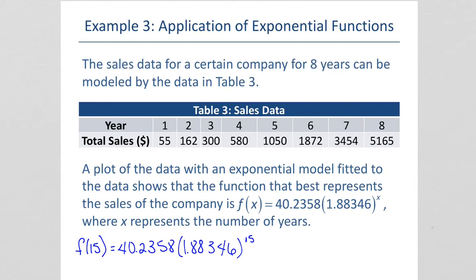So you have to raise the 1.88346 to the 15th power and then multiply by 40.2358. And so the sales in the 15th year would be projected to be $535,745.66.